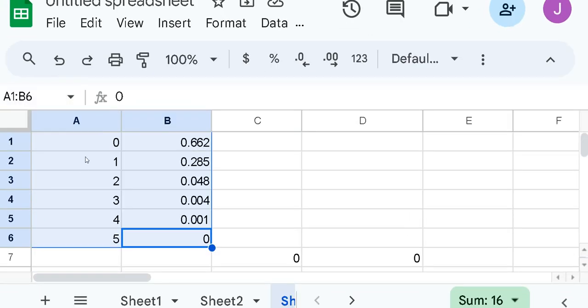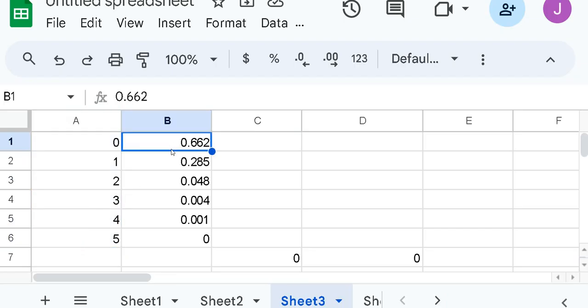Type in the numbers 0 through 5 in the first column. So 0, 1, 2, 3, 4, and 5. In a second, I'll read off the probabilities. So get to the top of column B and type in the following probabilities. 0.662 for the second column, first cell.